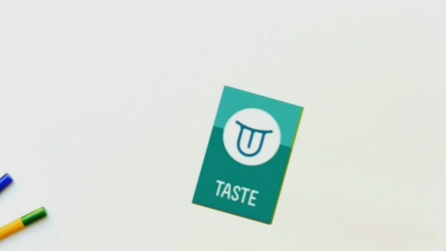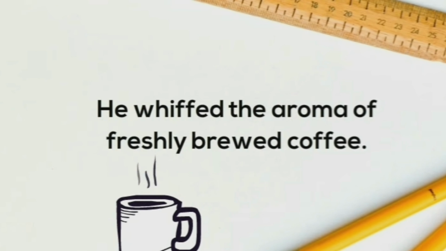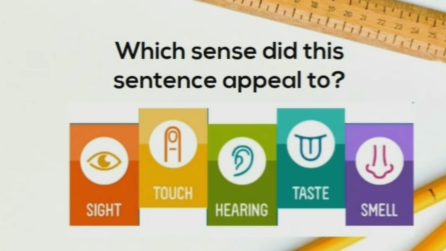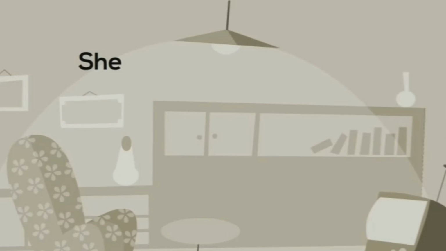Taste, or the gustatory imagery. Next, "He whiffed the aroma of freshly brewed coffee." Which sense does this sentence appeal to? You are correct. Your sense of smell, and it's called olfactory imagery.